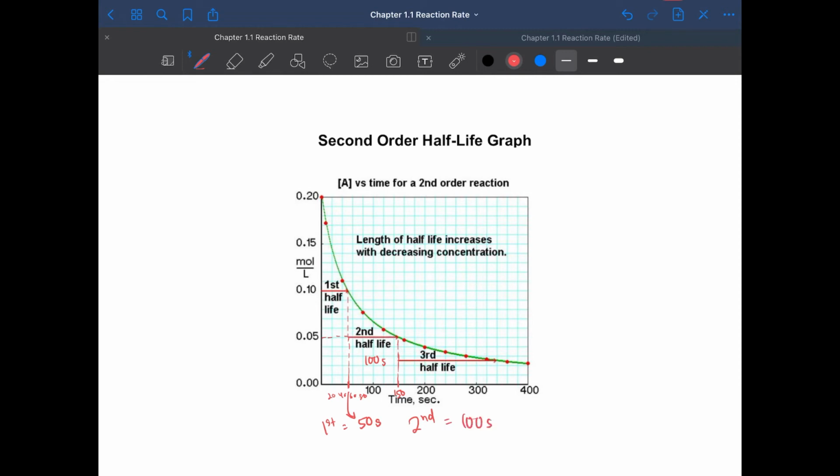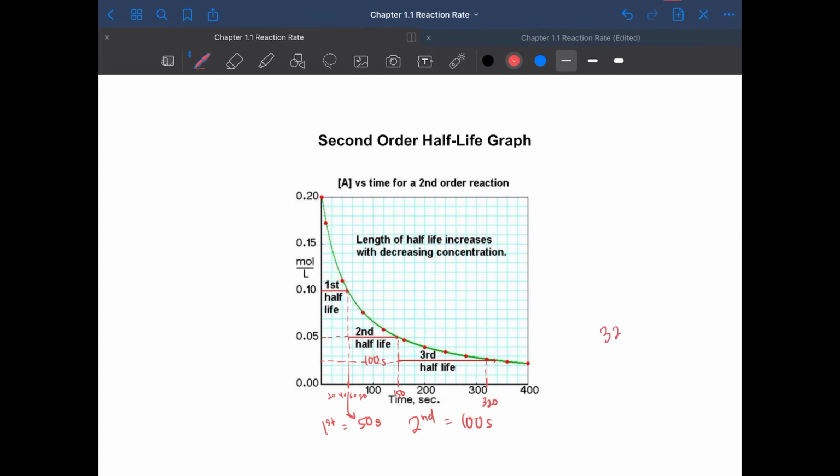Okay, and then kalau cari lagi third half-life, boleh cari lagi. So, third half-life, that means half from 0.05 iaitu 0.025. So, 0.025 should be around here. And then tarik turun. So, the reading is around 320.